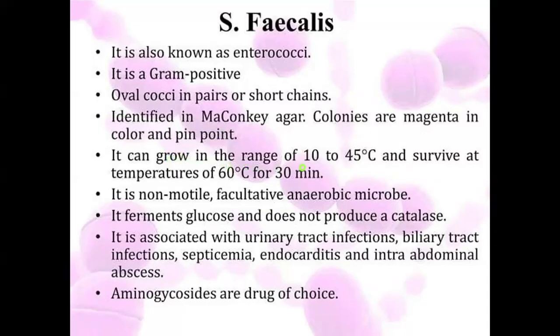It can grow in the range of 10 to 45 degrees and survive at temperatures of 60 degrees for 30 minutes. It is non-motile, a facultative anaerobe, ferments glucose, but does not produce catalase. It is associated with UTIs. Remember I said Staph saprophyticus and enterococci are the nitrite-negative bacteria that cause UTIs.